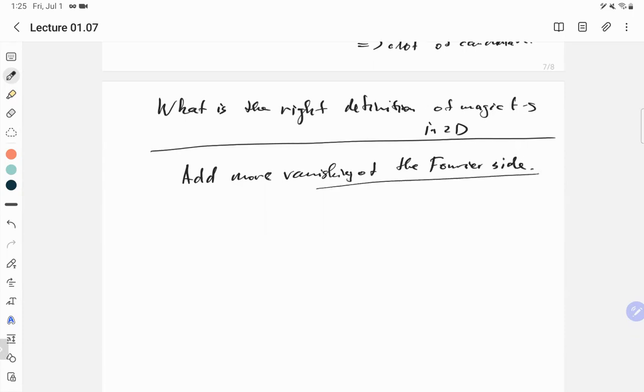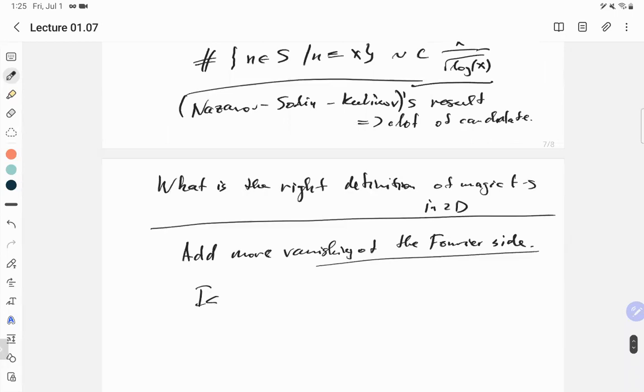And so the real problem is to find a natural sequence of numbers. So is there a natural sequence of numbers?